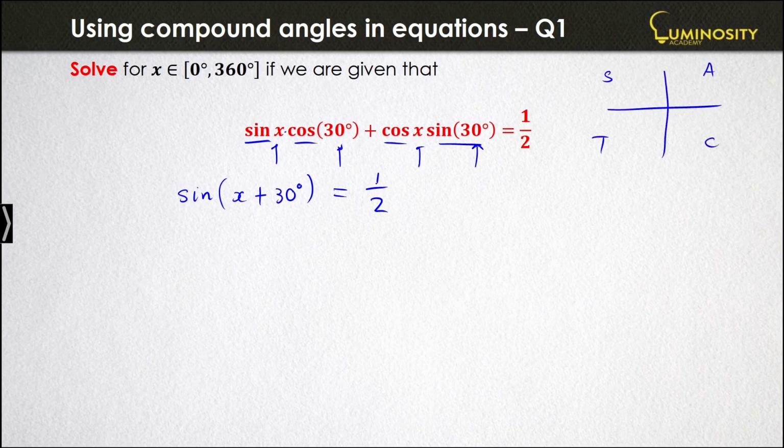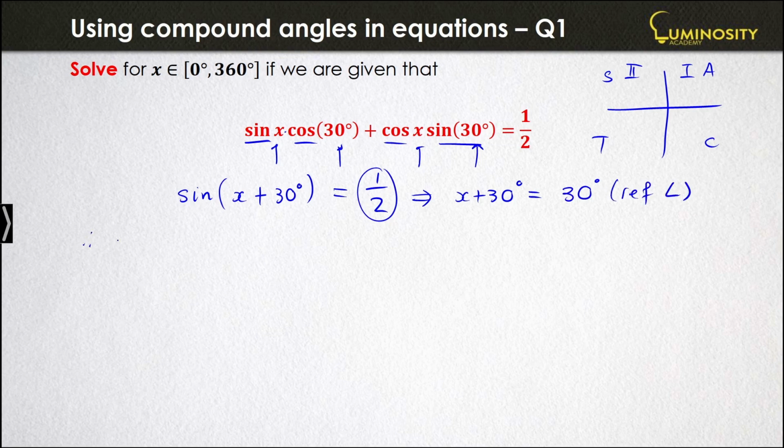Okay, and the number on the right is a positive number. So that means sine is going to be positive in the first and second quadrants. So first of all, I'm going to have x plus 30 degrees. This needs to equal a reference angle. And the reference angle is going to be sine inverse of a half, which is 30 degrees. So that's my reference angle, 30 degrees.